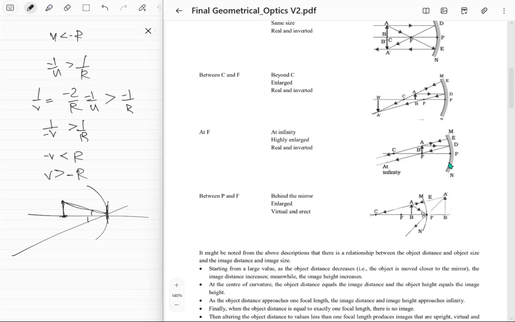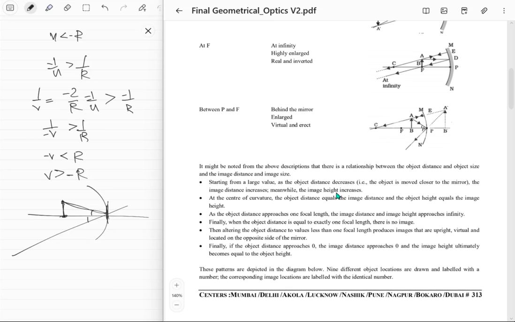It will have them still diverging now. And of course, they are less diverging than what they initially were, and that's why you have a bigger distance. But they still are diverging. So it's going to be a virtual image. It will appear as if they are coming from a point, although they are not actually coming from a point. Yes, so this is nice.